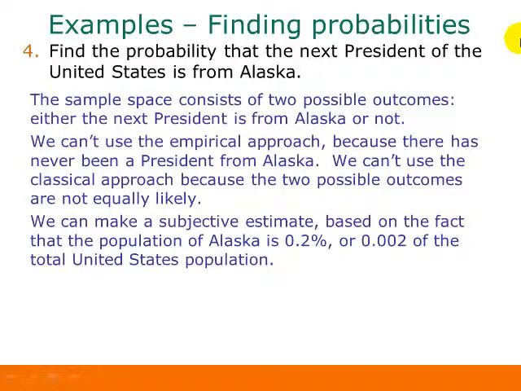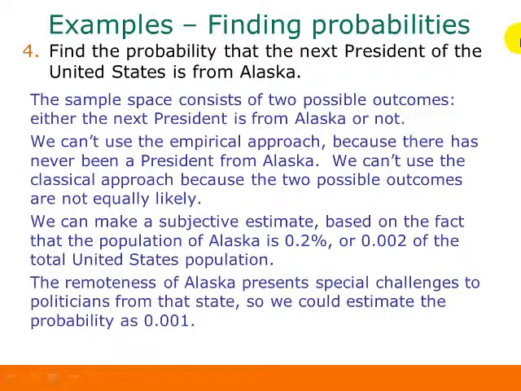The population of Alaska is 0.2% or 0.002 of the total United States population. So if we're just going off of that, we could say that the probability of selecting a president from Alaska might be 0.002.